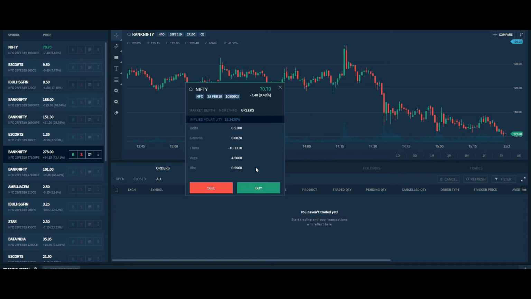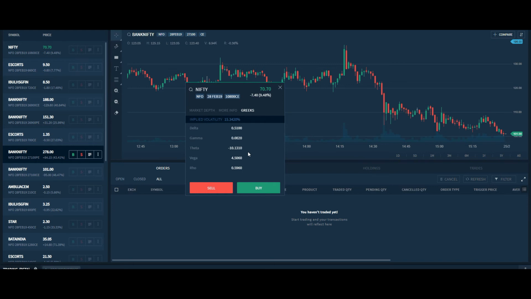Okay, so theta is basically calculating the 10 points which will go down on this particular option per day. So that is a calculation which is happening. That is a premium which will be lost out for the days. And as I told earlier, and many of you would know, option selling happens on this.